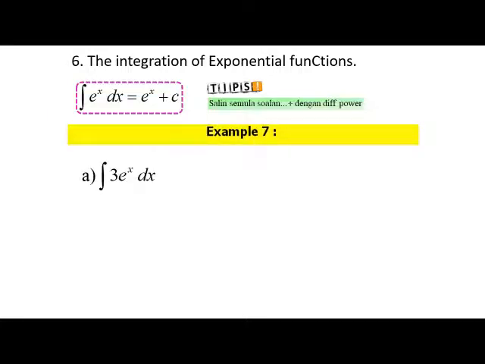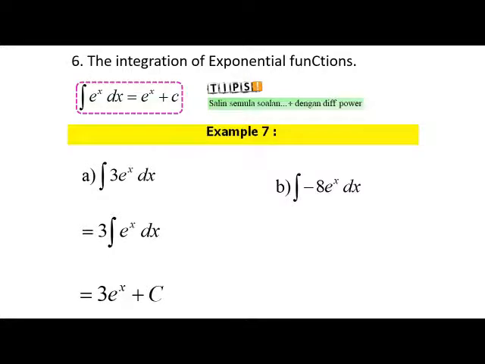Example 7. For part A here, when we integrate 3 e to the x dx, first factorize 3, and then the integral of e to the x dx. And we already discussed that when we integrate e to the x dx, we will have e to the x plus c. So the final answer should be 3 e to the x plus c.